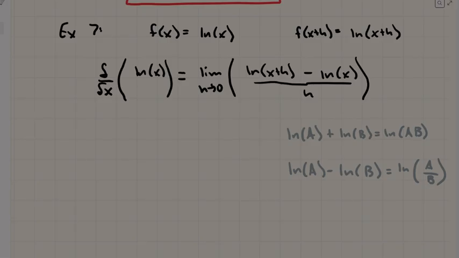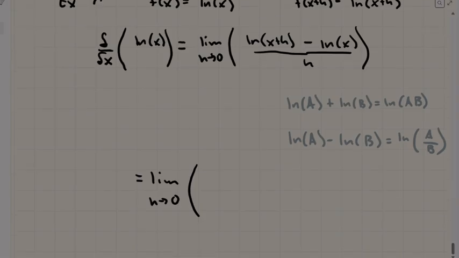Because now, right, we have these two things subtracted. And so we can combine those two logs, ln((x + h)/x). And now that's divided by h.